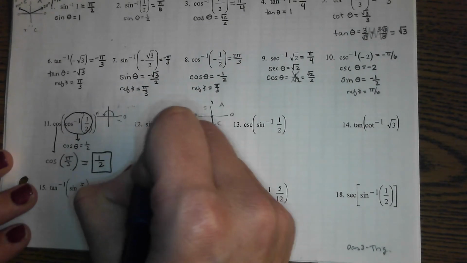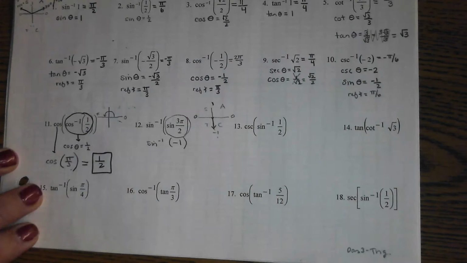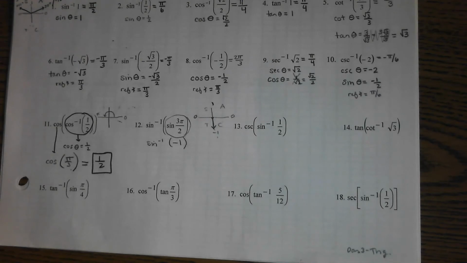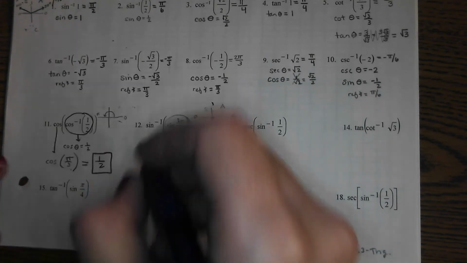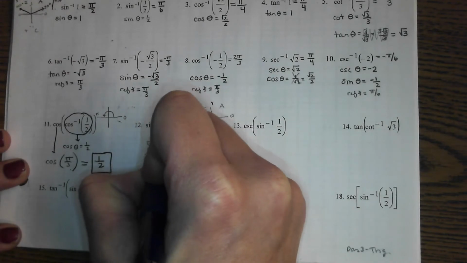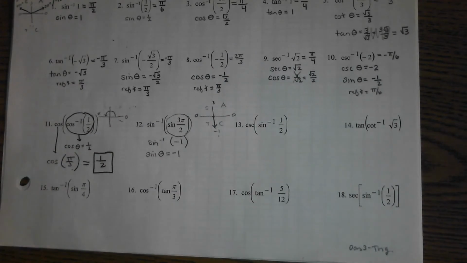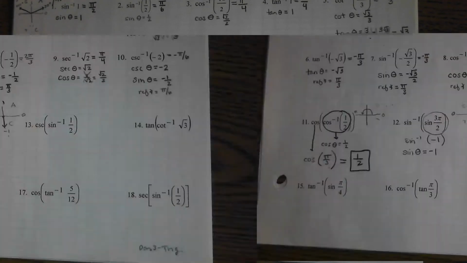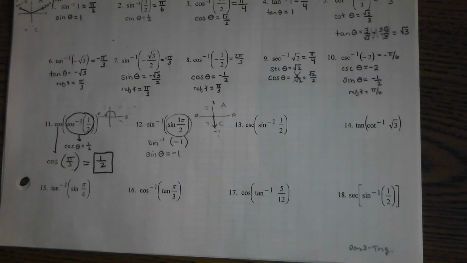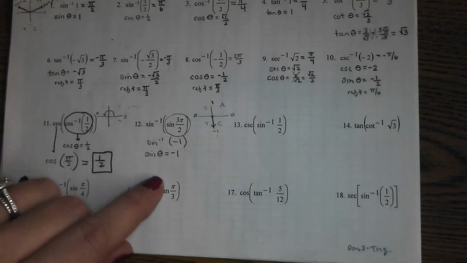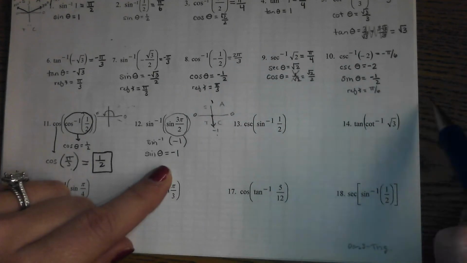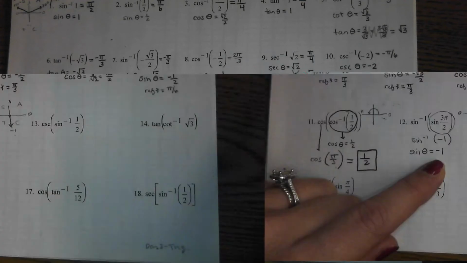So now we're at inverse sine of -1. So the setup for this is: the sine of what angle equals -1? So if you look at your reference table, 1 is pi over 2.